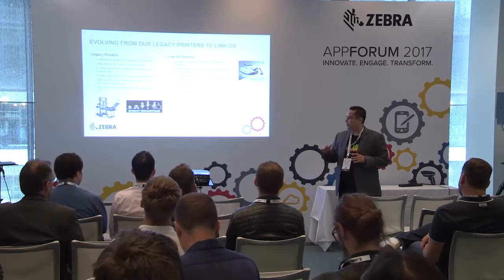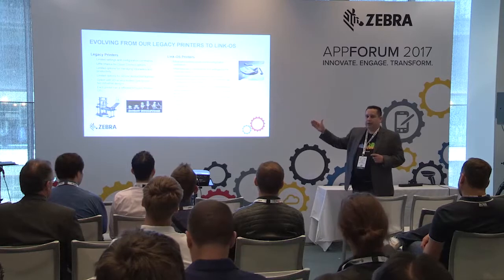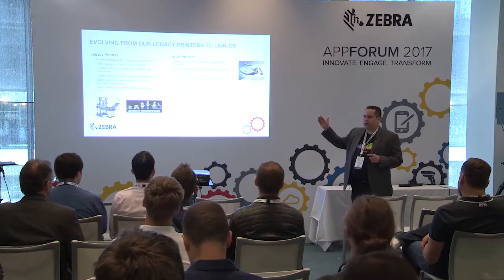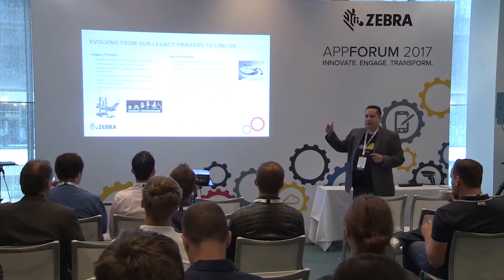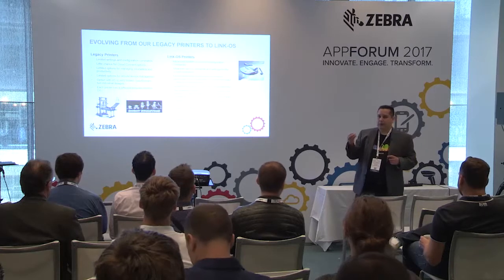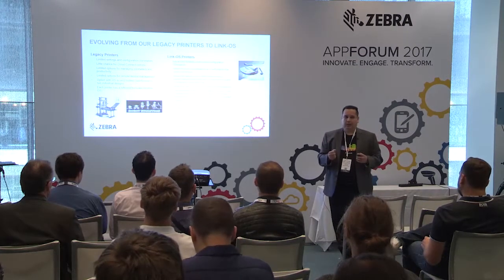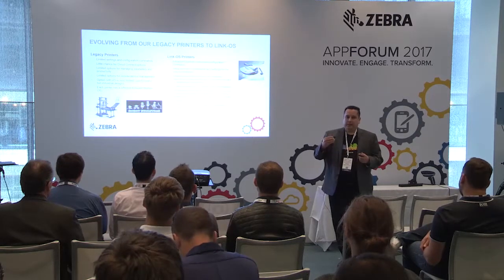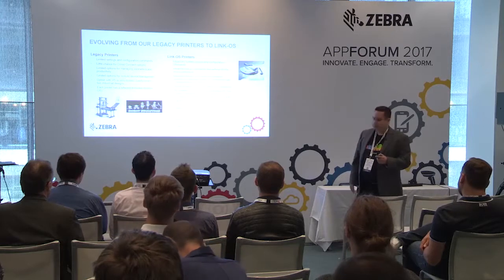We'll talk about that later. But with LinkOS, you can have more advanced features, even including analytics. With the latest version that we're going to talk about later, you can capture a lot of data if you want to analyze that data later for your applications, or make decisions from that data. All of that, you can do through LinkOS printers.